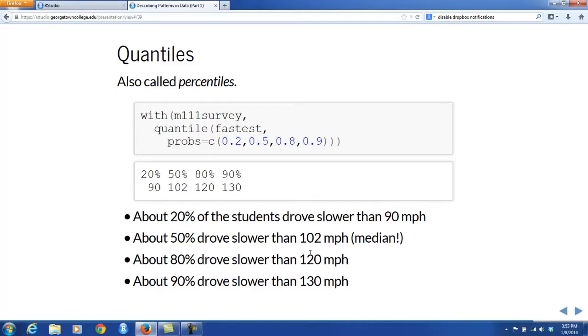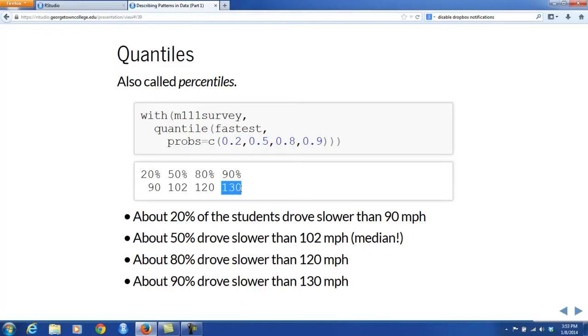Now that sounds like the middle, and in fact, the 50th percentile is the same thing as the median. We also see that about 80% of the students drove slower than 120 miles per hour, and we would say that the 80th percentile of the fastest speeds is 120.